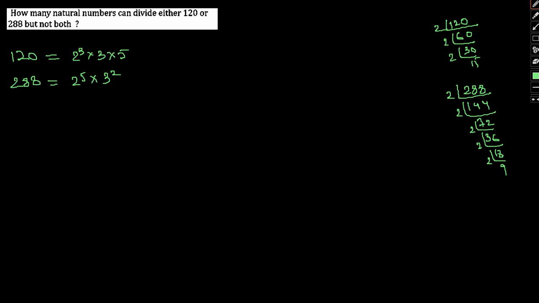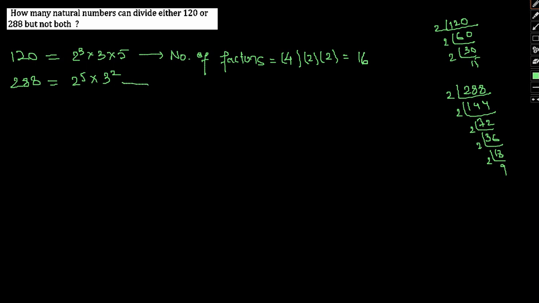So now number of factors in case of 120 will be 4 into 2 into 2, that is 16.